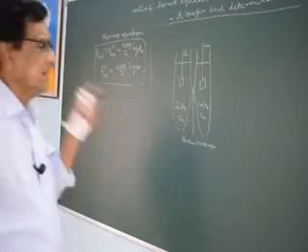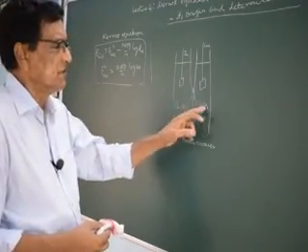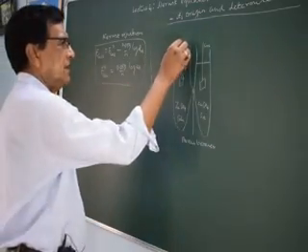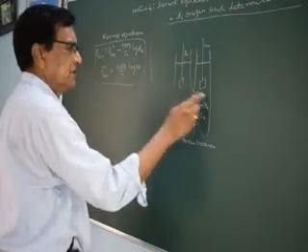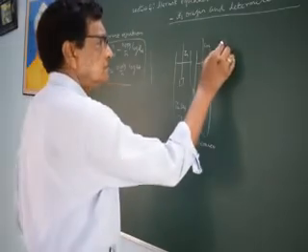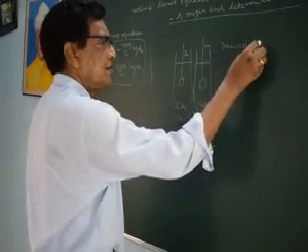This porous barrier actually prevents the premixing of the zinc sulfate and copper sulfate solutions. These two are the terminals of this Daniell cell.